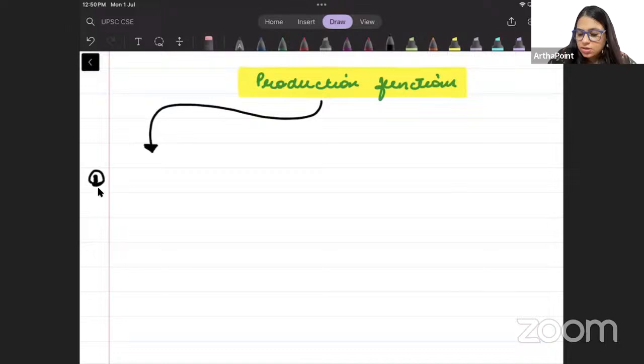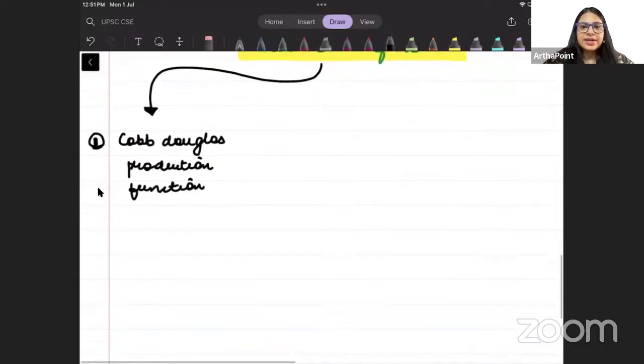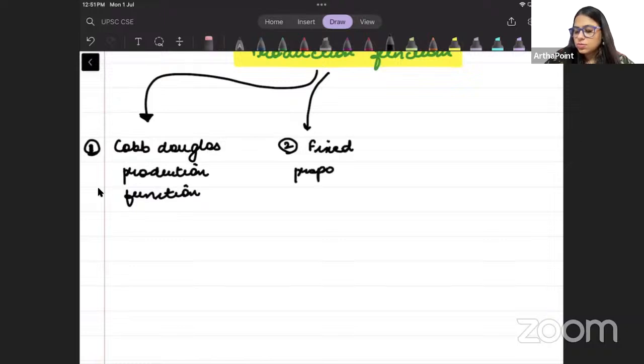The first one that I have is called the Cobb-Douglas production function. The second one is called the fixed proportion or Leontief production function.